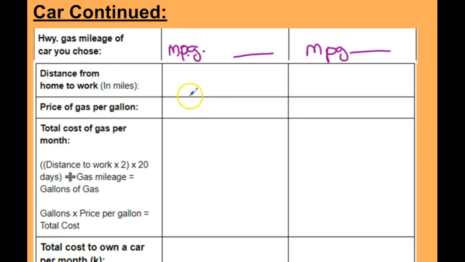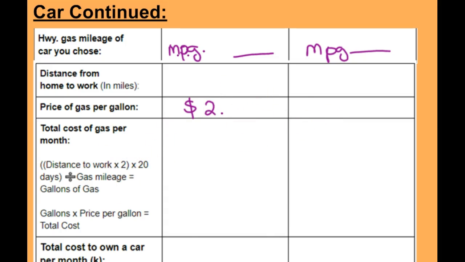Right here, you just need to list that. Hopefully you did that when you looked at a job and a house. If not, you can calculate that using Google. And then the price of gas per gallon. Look it up. Look up the city where you want to work and see how much gas is right now. Might be $2.75, might be $2.80, might be $2.30. You need to look up how much gas costs.